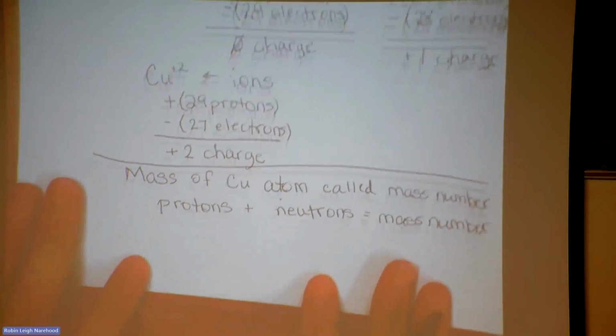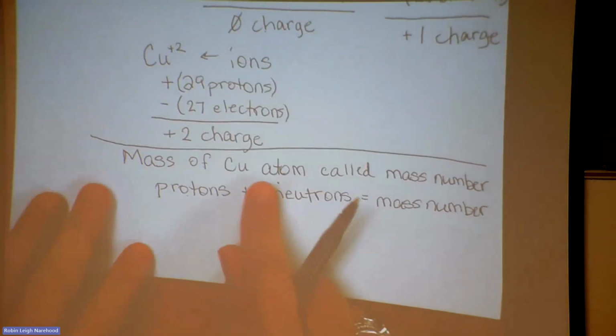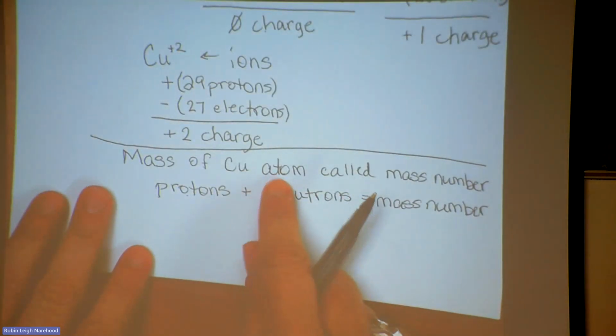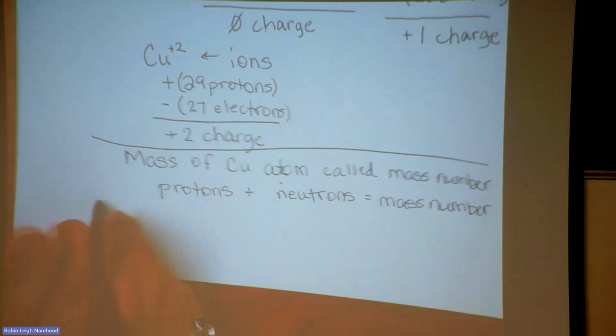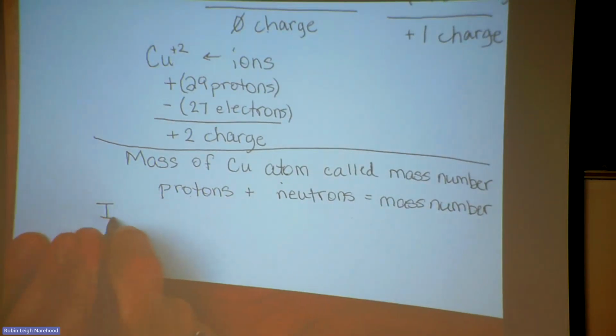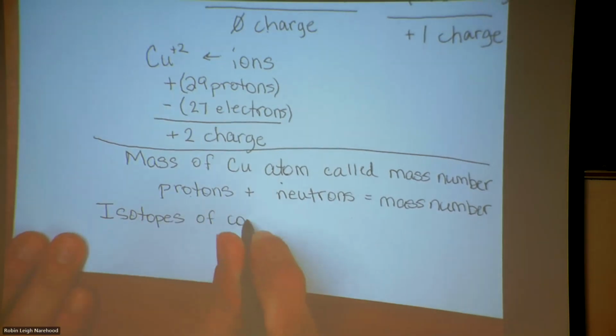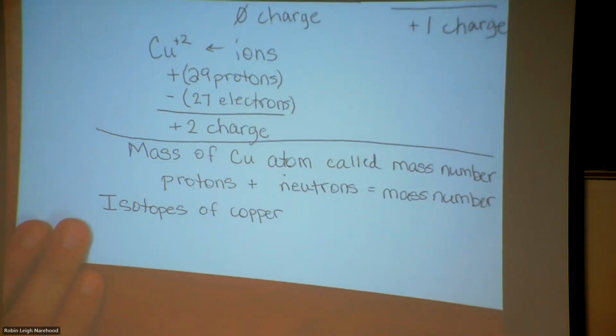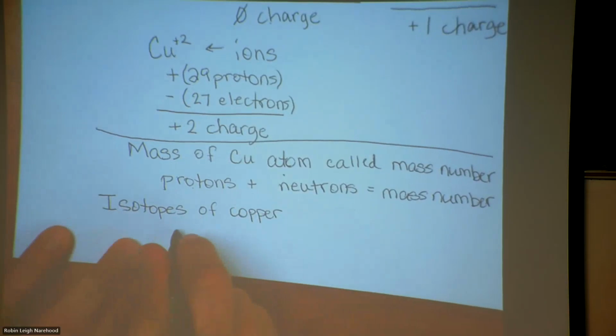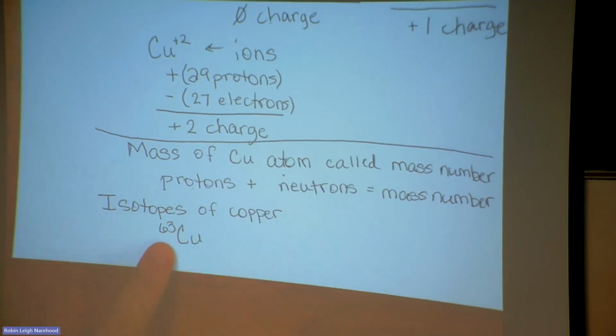So there are two main atoms of copper that we would find, and those are called isotopes. So the atoms of copper are called isotopes. And the two main ones that occur naturally on Earth are copper, I'm going to put a little 63 in the upper left-hand corner.